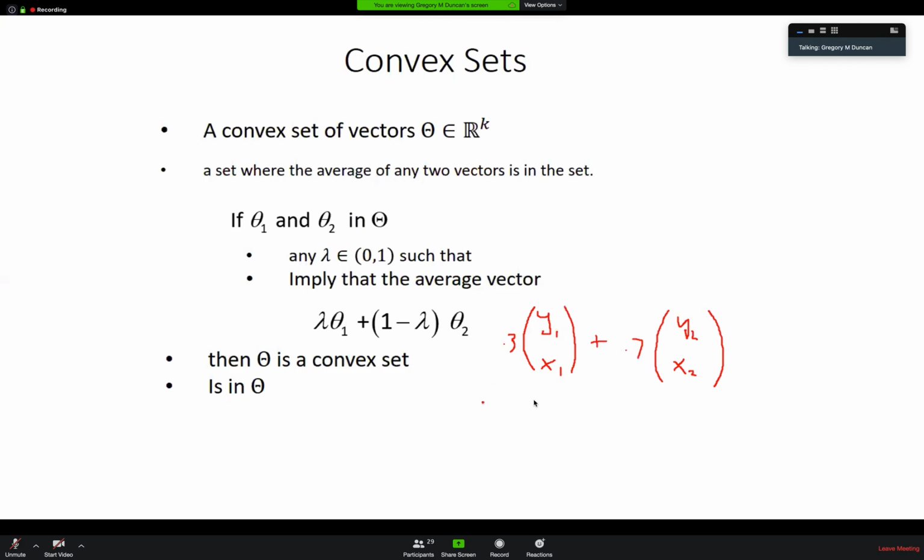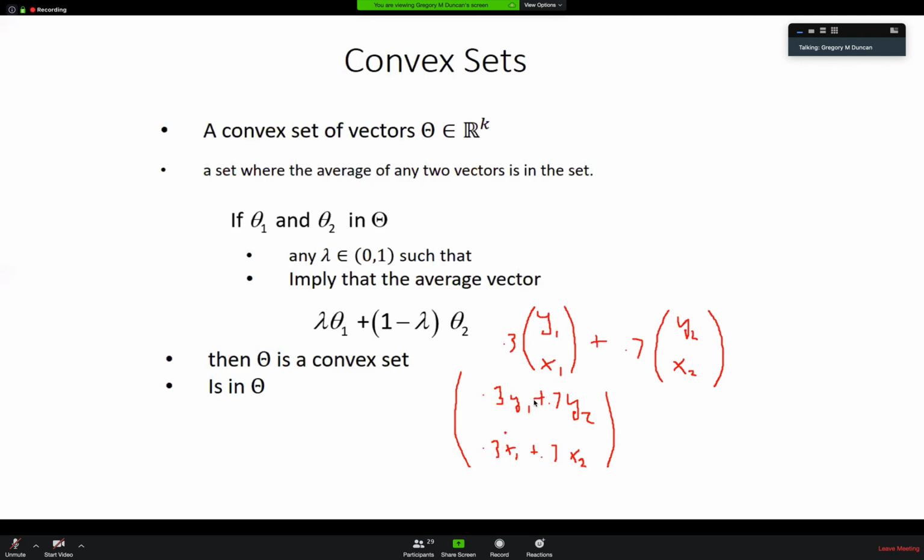What that means is I'm going to get a new vector, and that new vector is going to be 0.3 y1 plus 0.7 y2 as its first component, and its second component is going to be 0.3 x1 plus 0.7 x2. And the question is, is that going to be in theta as well?